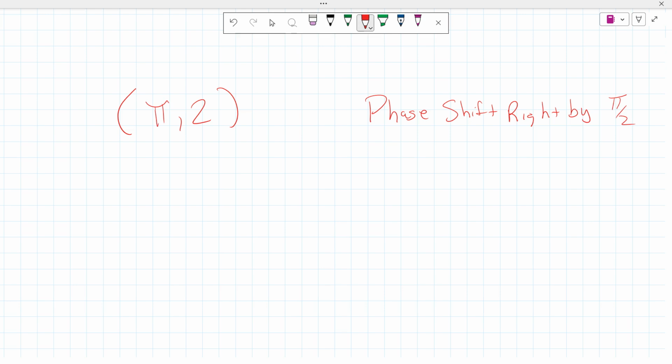If I'm at pi/2 and I have a phase shift right by pi over 2, where's my new point going to be?